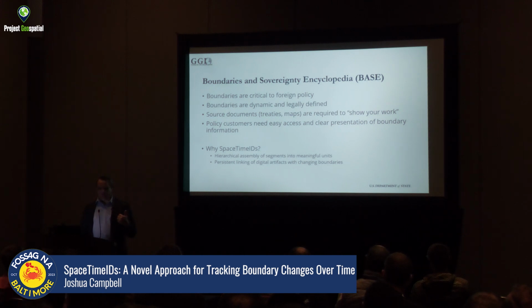So why did we need SpaceTime IDs? In more wordy geospatial language, the hierarchical assembly of line segments into semantically meaningful units, right? We needed a way to link those because country names can change over time. And so a SpaceTime ID actually locks a configuration of a boundary into a single ID.